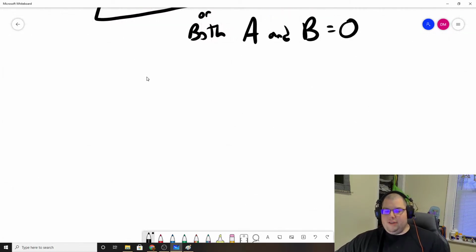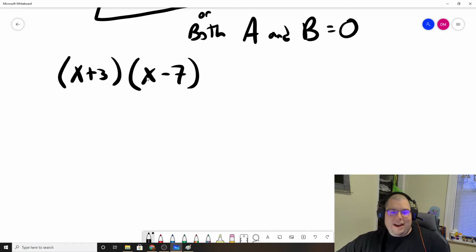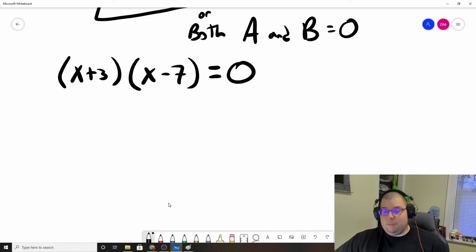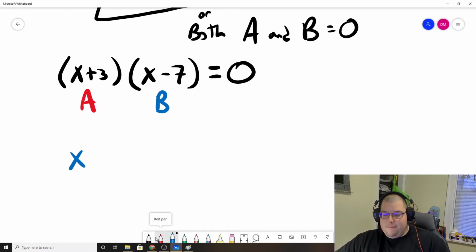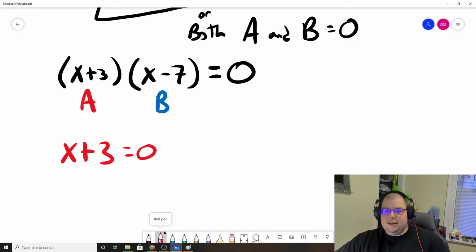If you come across a factored polynomial, for instance, x plus 3 times x minus 7, and you want to find its zeros, you want to find when it's equal to 0, what you do is you set each of those pieces equal to 0, because this represents A, and this represents B. I take all of A, which is x plus 3, and set it equal to 0.